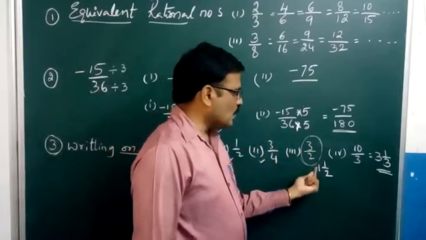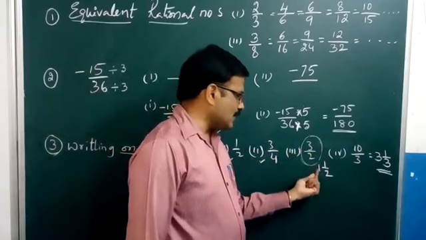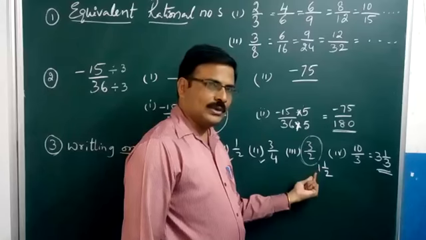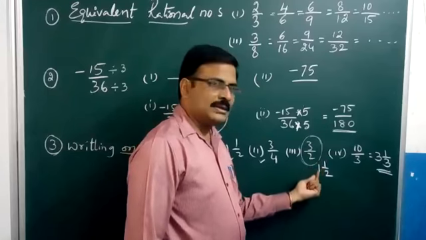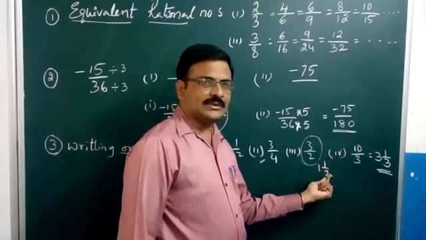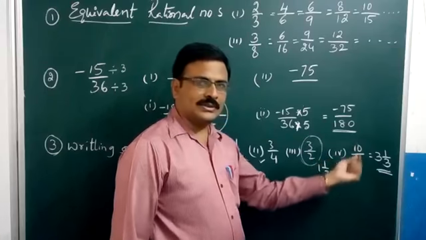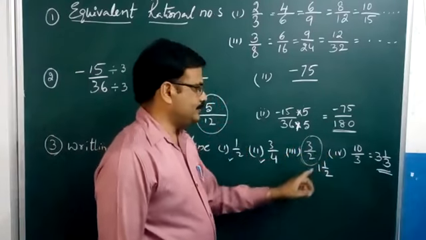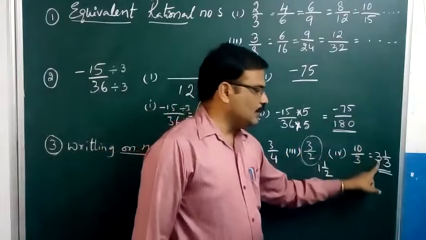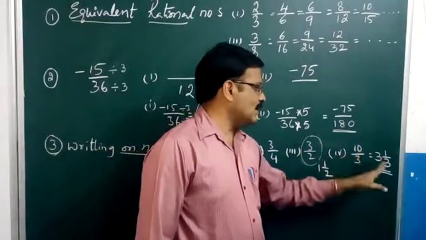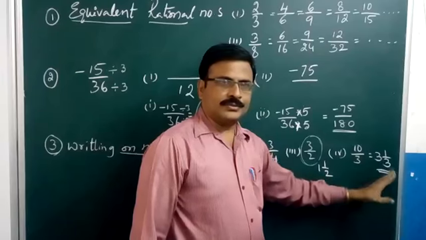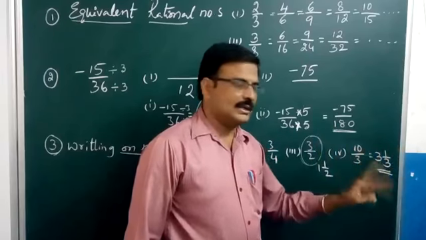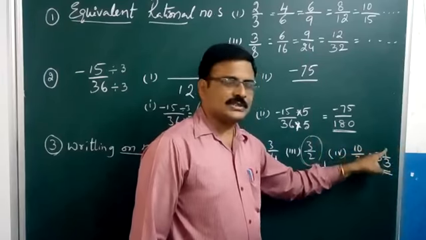And 1 and 1 by 2 is nothing but one whole number, and 1 by 2 is the fractional part. So 1 and 1 by 2 is lying between 1 and 2. Here 3 wholes are there, so 3 is completed. After that, 3 to 4 is divided into 3 equal parts, out of which the first part of it is considered.